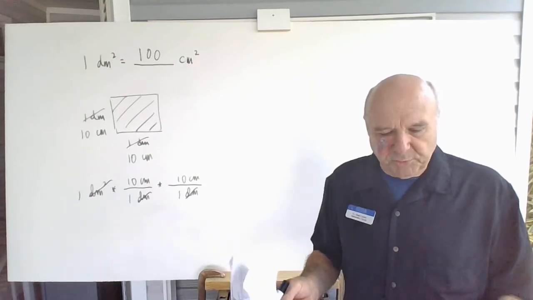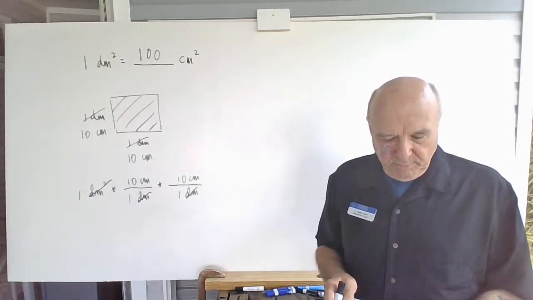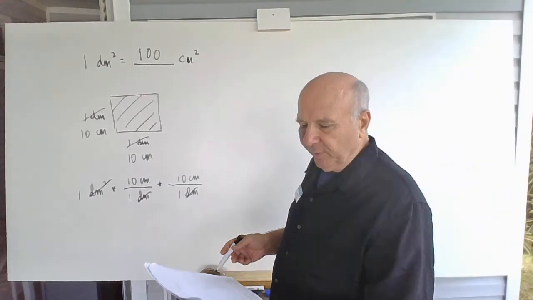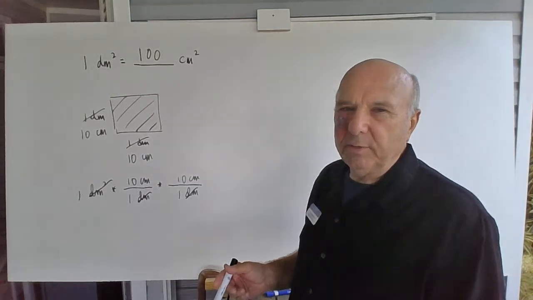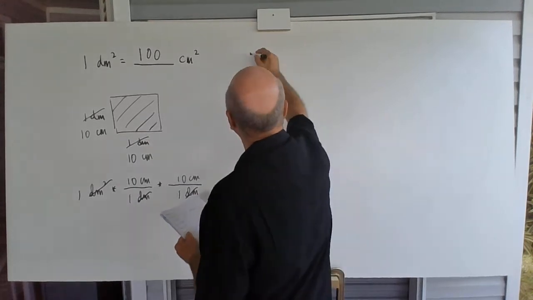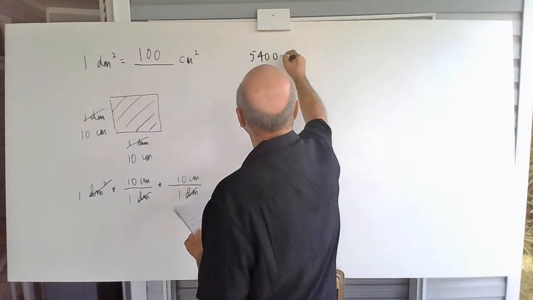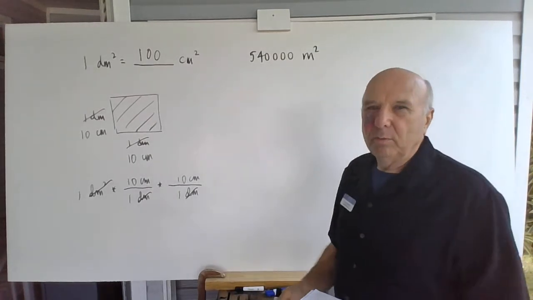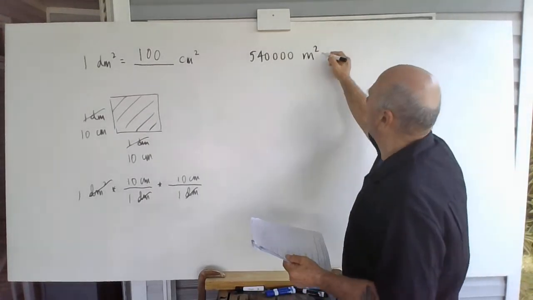So let's suppose we want to go the other direction. We want to divide. So let's say we have 540,000 square meters, or meters squared, and we want to change that to kilometers squared.